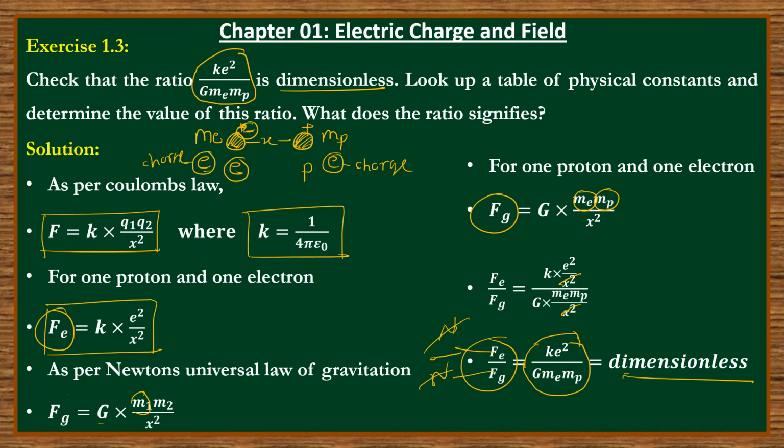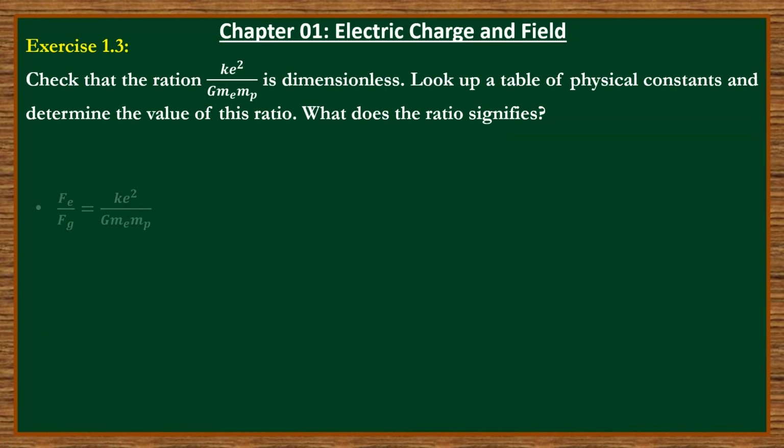Now look up the table: the values of k, e, G, me, the mass of the electron, and mp, the mass of the proton, we have to take from the tables, put into this and calculate the ratio.